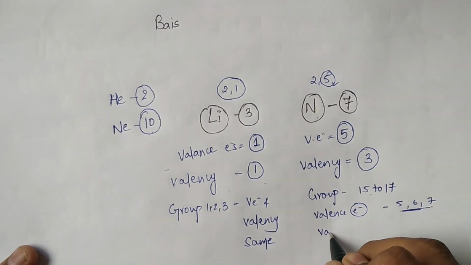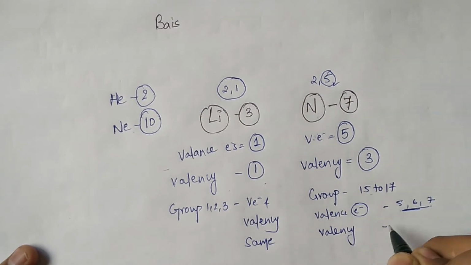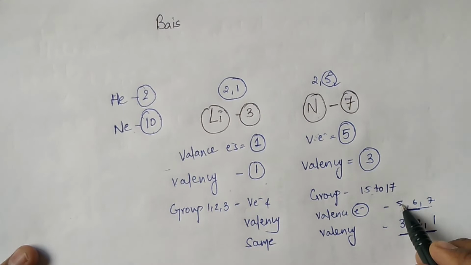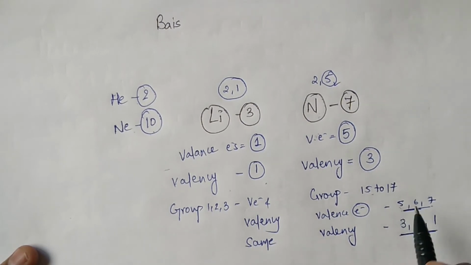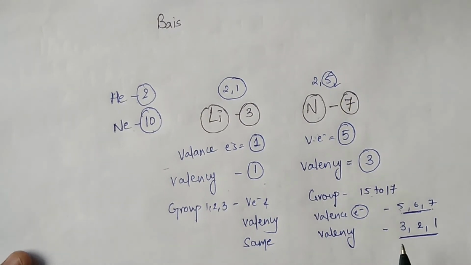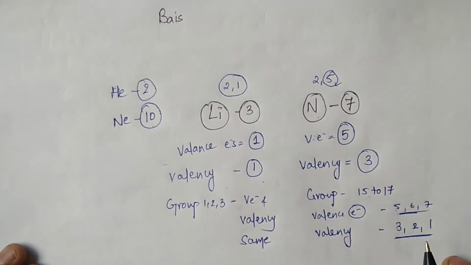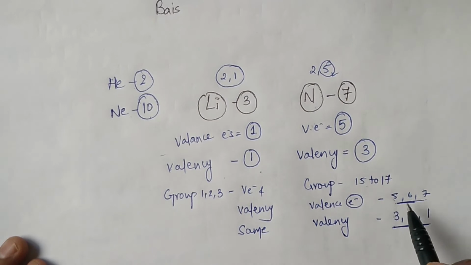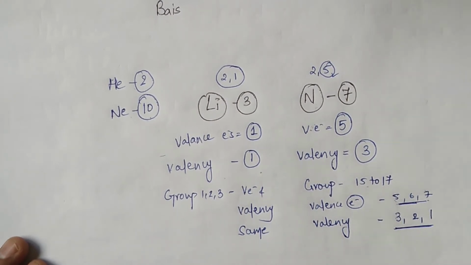But valency will be 3, 2, 1. Why? Because this requires 3 electrons to acquire an 8-electron configuration. That means the octet rule, which we will study. That is generally the rule for the noble gases, that noble gases have 8 electrons in their valence shell.